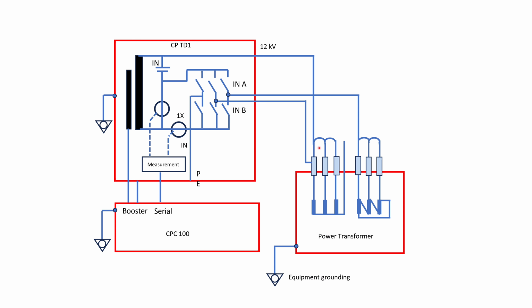Here you see the transformer bushings are short circuited, both primary and secondary, and one cable, 12 kV, this is the high voltage injection cable, is connected from CP TD1 to the transformer bushing, and return cables are connected at IN A and IN B of the CP TD1.